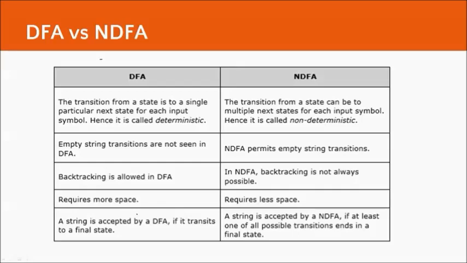In the DFA, empty string transitions are not seen. While the NDFA permits empty string transitions. In the DFA, backtracking is allowed. In the NDFA, backtracking is not allowed or not possible. Okay, so DFA requires more space and NDFA requires less space.